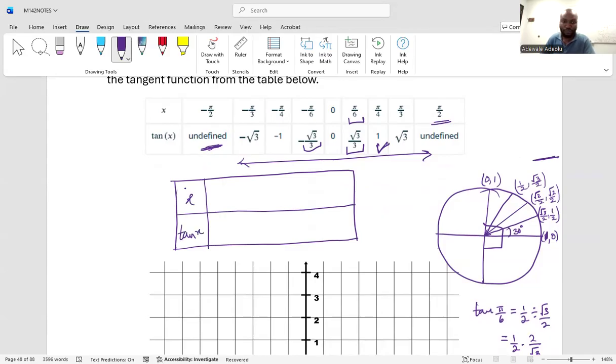And then I want to pick, so recall that pi over 3 in decimal is approximately 1.05. And I will also pick pi over 2 as we go to that. So that is around 1.57.